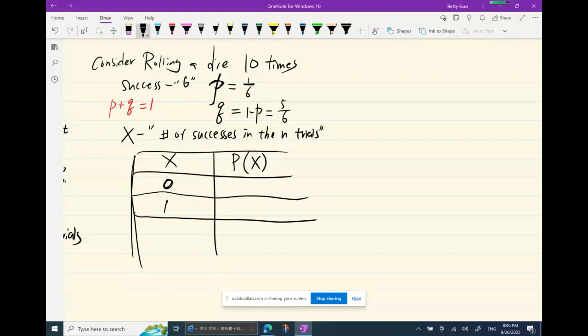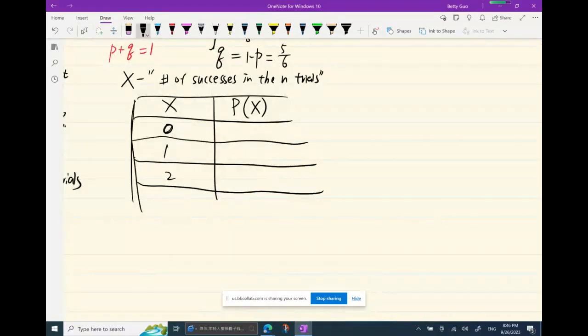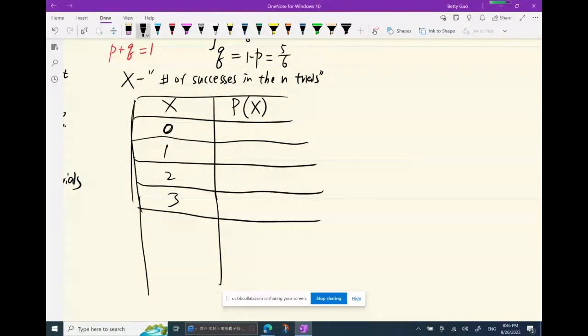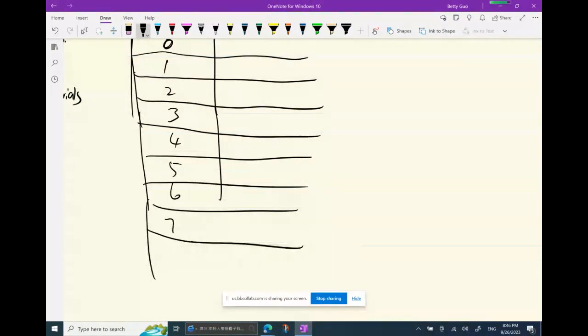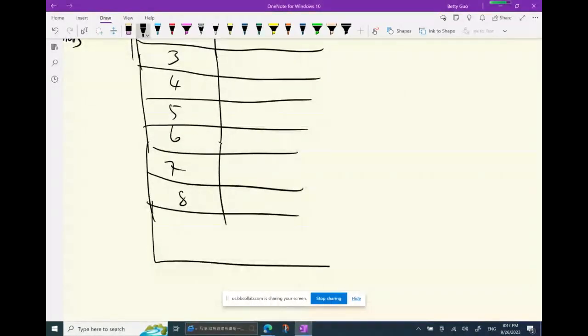Okay, and then it's possible we get 1 success among the 10 trials, or 2 successes in 10 trials. Why did I choose 10? So many. 5, 6, 7, 8, 9, 10.